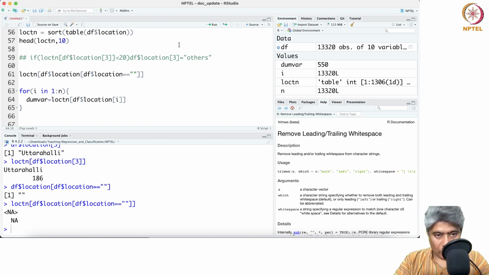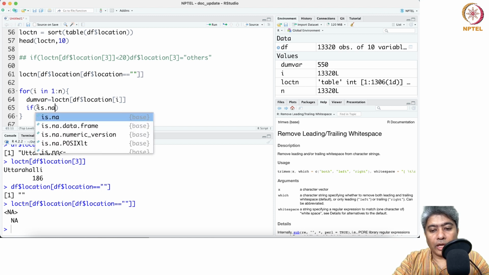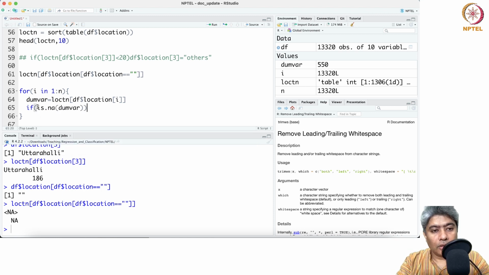Okay, so if the dummy variable is NA, then we will say, okay boss, in this particular case you just put others.